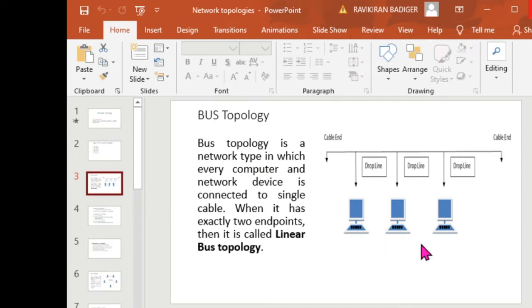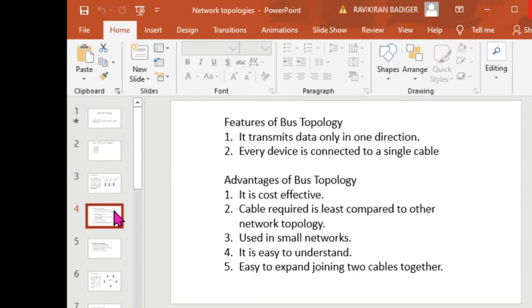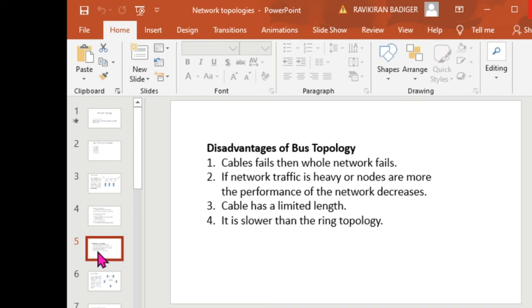If the number of computers increases, then the overhead also increases. As you can see here, it is used in small networks. It is easy to understand and easy to expand, but only for a limited number of computers.